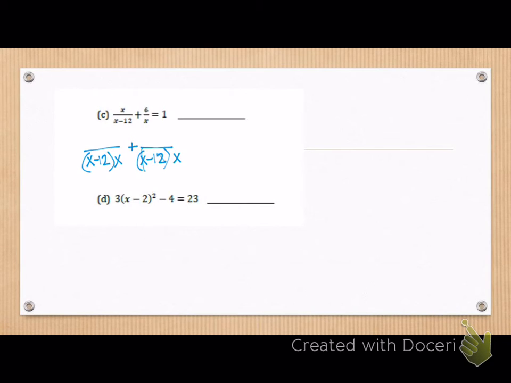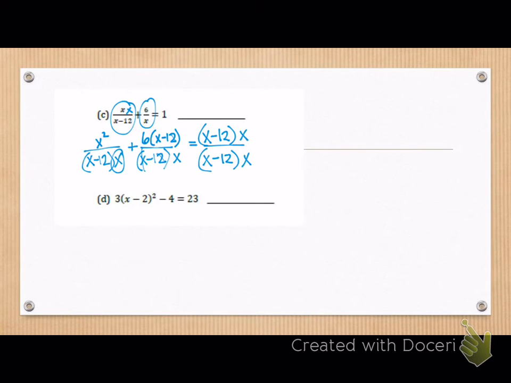Sorry about that. All right, so this one here needed an x to make that happen, so that's x squared. This one here needed an x minus 12 to make that happen. And then this needed everything.